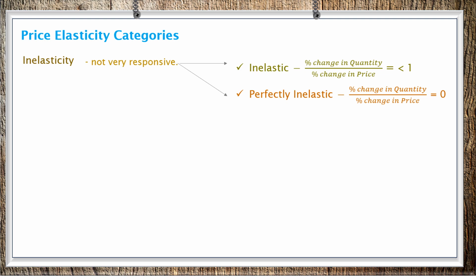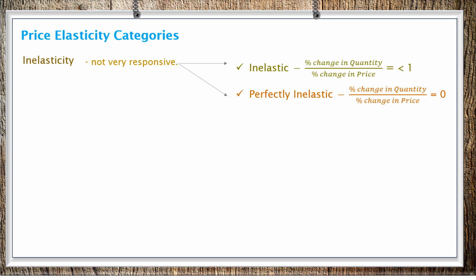Inelastic demand means that when the price goes up, consumers' buying habits stay about the same. And when the price goes down, they neither change. And this especially is seen in utilities or prescription drugs.